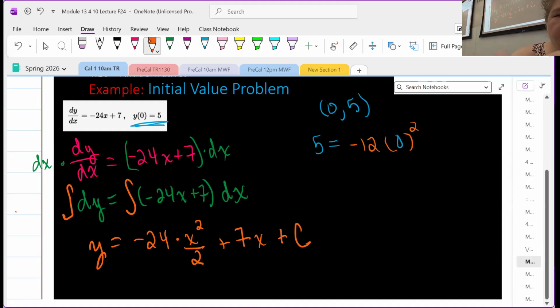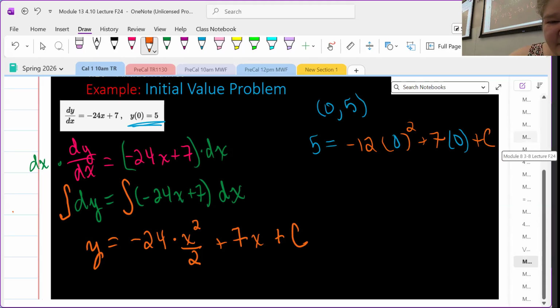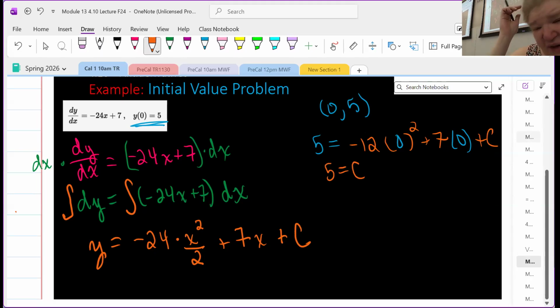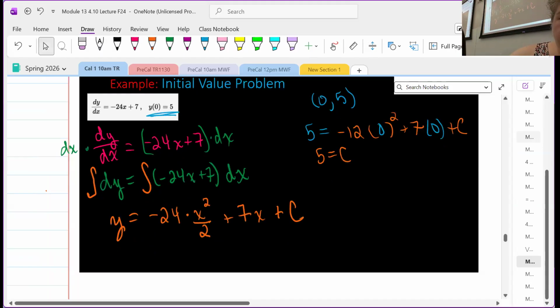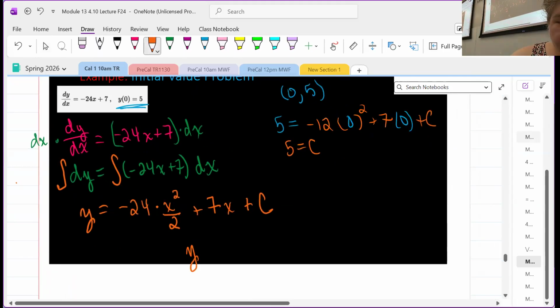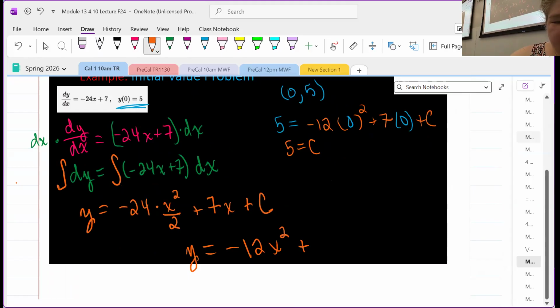There's our first 0, plus 7 times 0, plus c. So we get a 0 plus a 0 plus c. So c is 5. So our actual final function is negative 12x squared plus 7x plus 5.